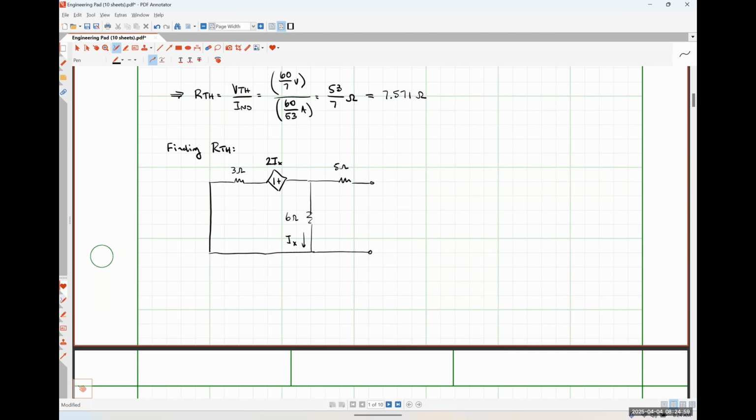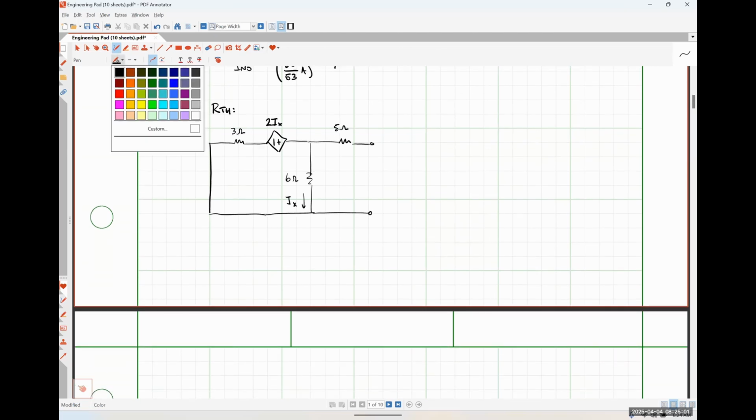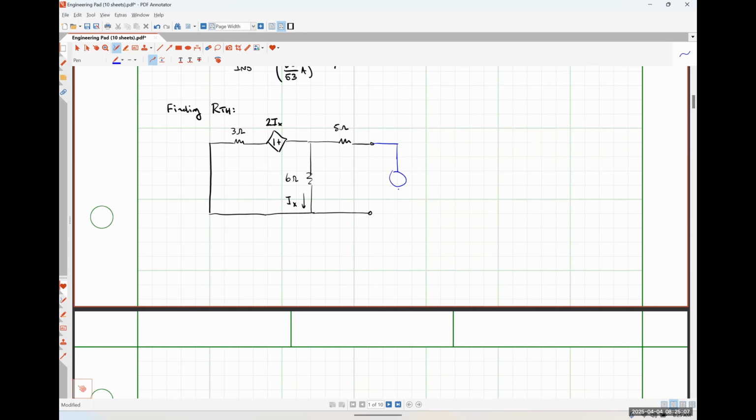So I'm going to start with a voltage source, okay? So let me just make some notations here. So my goal here is to determine the voltage drop across the terminals of my network, as well as the current flowing into the terminals of my network.